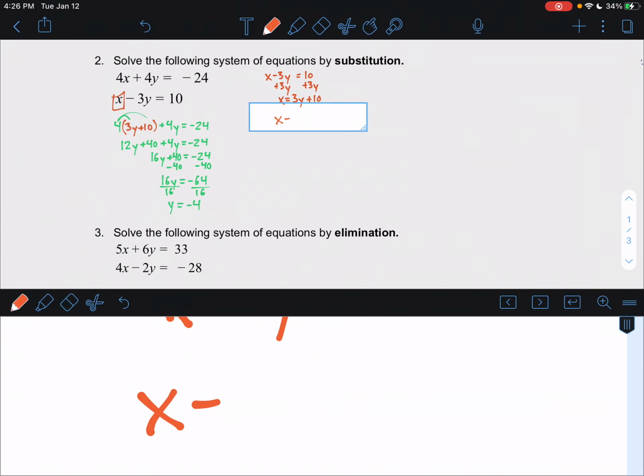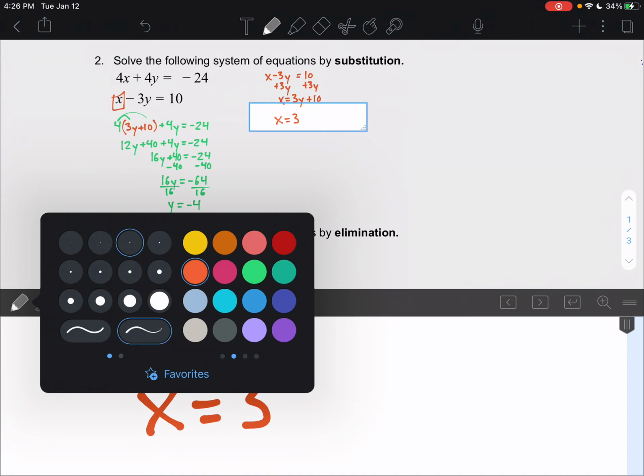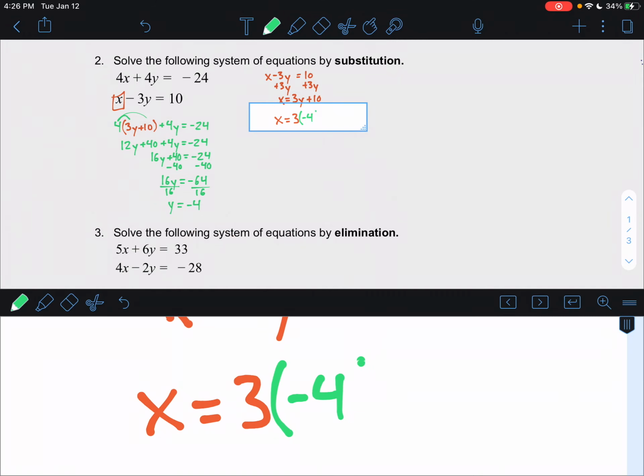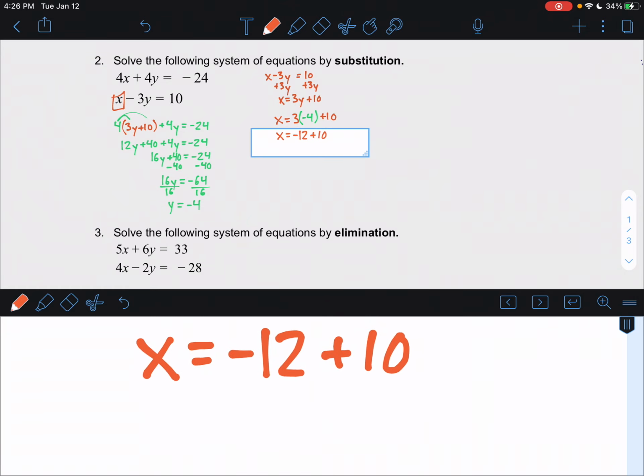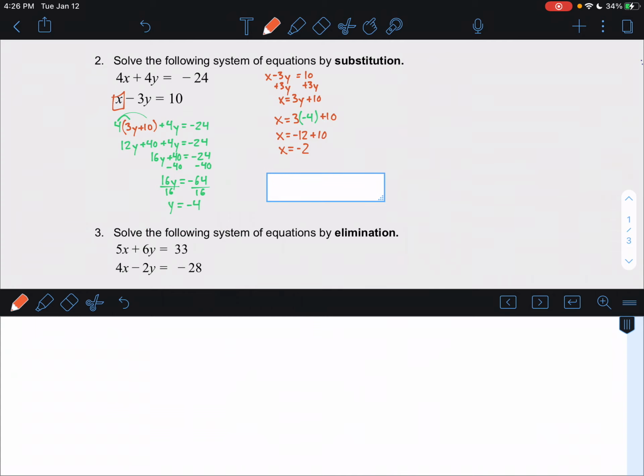So I have x equals 3, and then y was negative 4 plus 10. 3 times negative 4 is negative 12, so I have x equals negative 12 plus 10, and negative 12 plus 10 is negative 2. So x is negative 2, y is negative 4, therefore my solution is negative 2, negative 4, because remember the x always comes first.